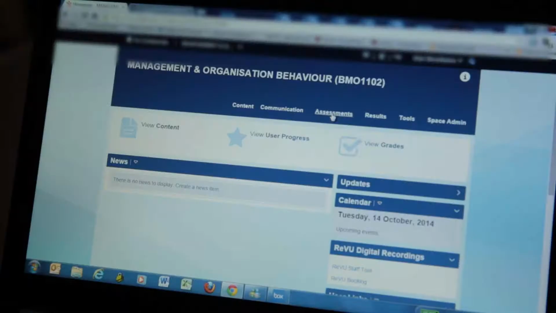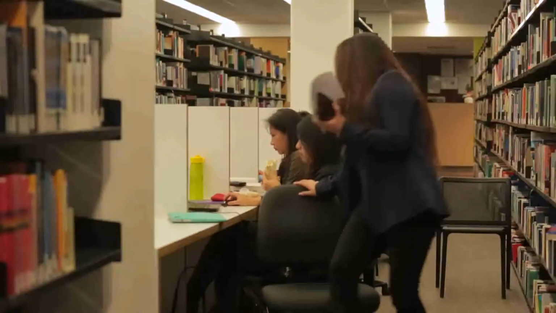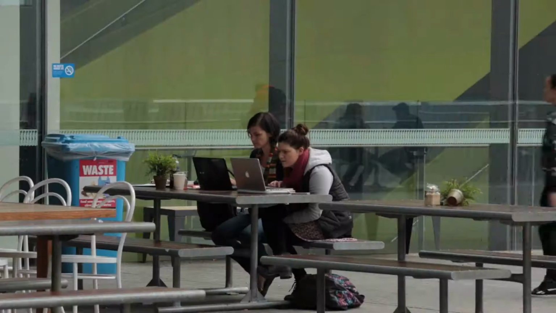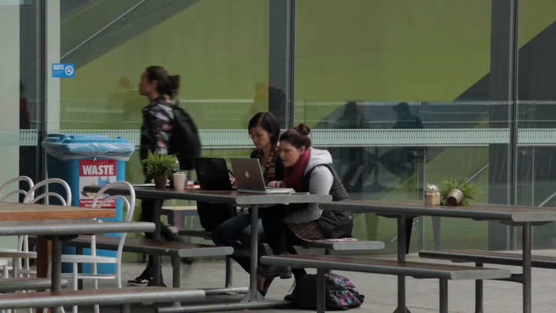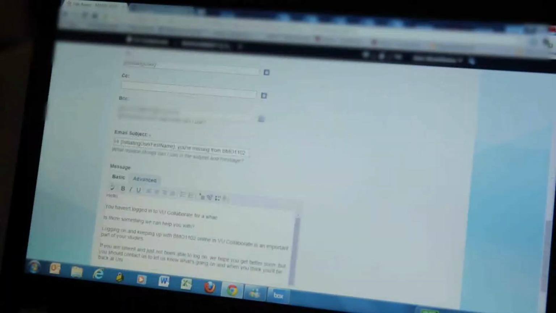So for example, with management and organisation behaviour, we have a weekly online test, a simple multiple choice quiz that engage students and give us an indication how students are reading, how they're performing. When we put together that picture of their online test, their attendance through the attendance register, and also intelligent agent feedback if we sent them an email about not logging on, we can start to get a picture of students who are doing well, but we also get a really clear picture of those students who we consider to be at risk of failing.